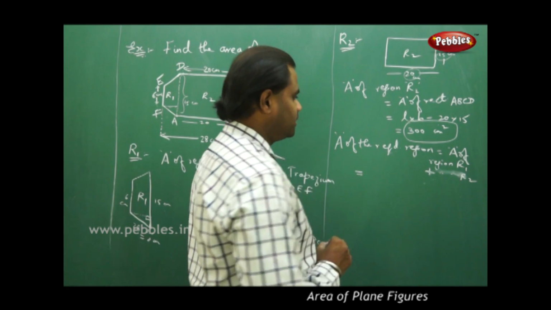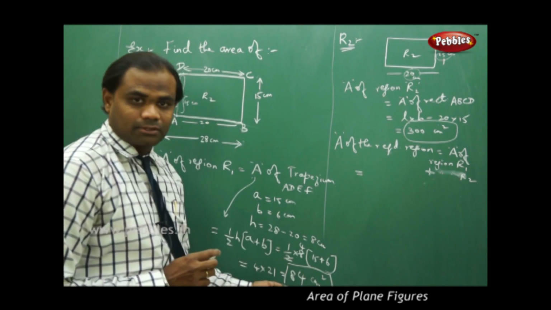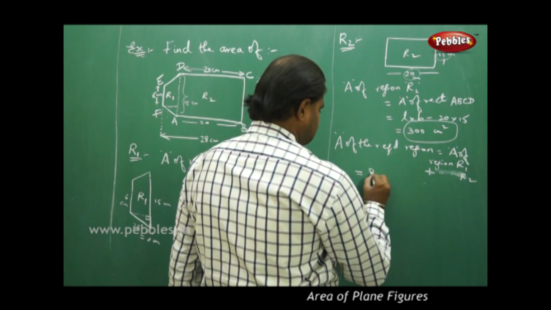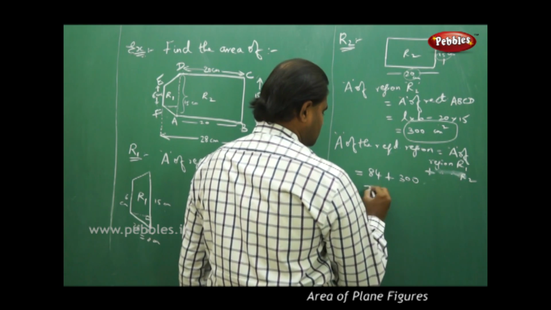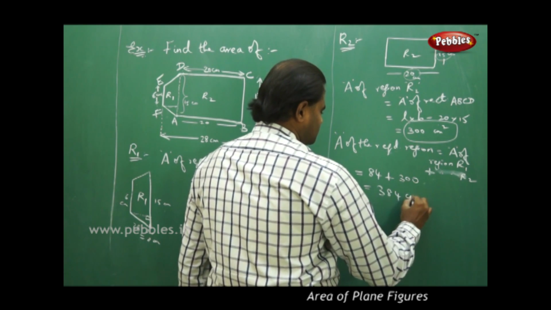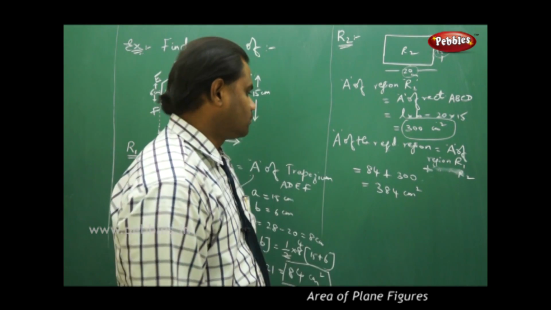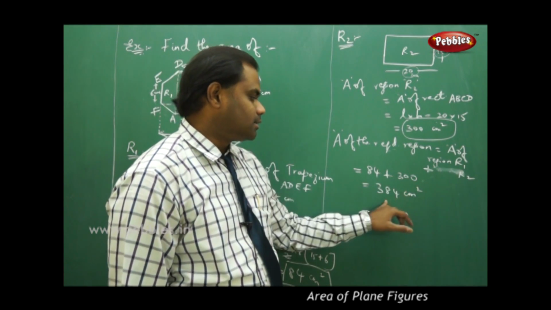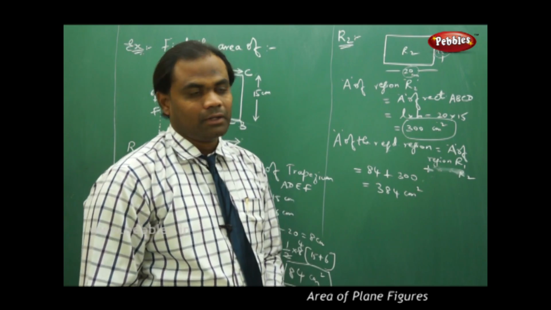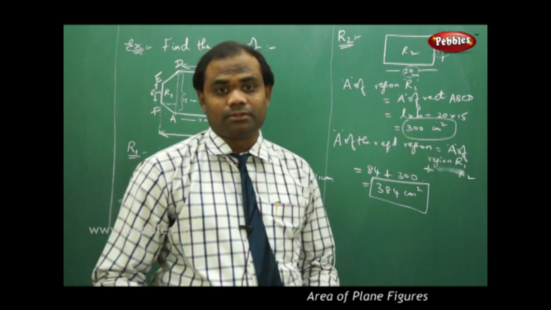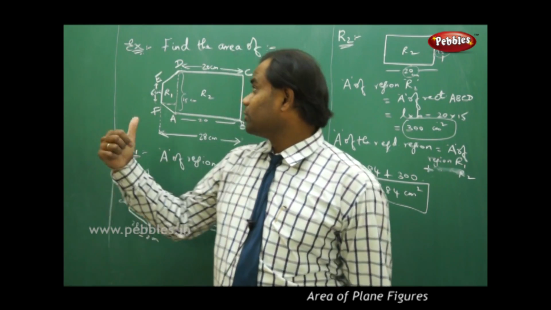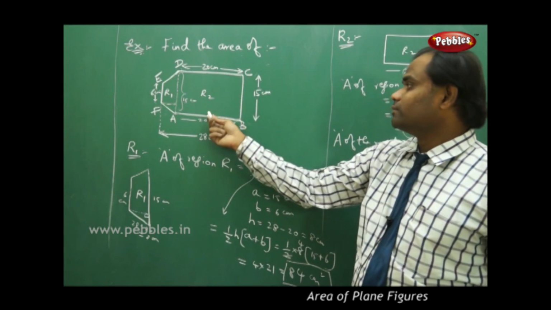Here, the area of region R1 is already calculated to be 84 centimeters square, and for R2 it is 300. When I add 84 with 300, I get 384 centimeters square, which is the area of the required region. This is the answer for the given question, which says find the area of this region.